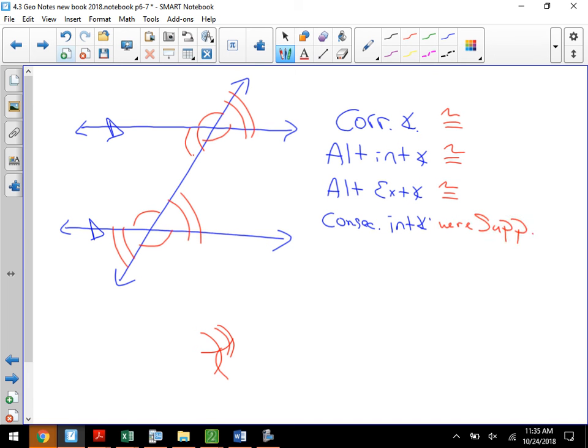Now, to be honest with you, when we have these parallel lines thrown into proofs, more often than not it's just two types. I don't think you're ever going to see consecutive interior, nor do I think we're ever going to see alternate exteriors.